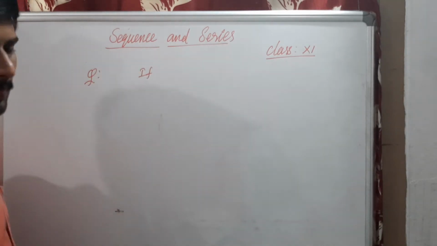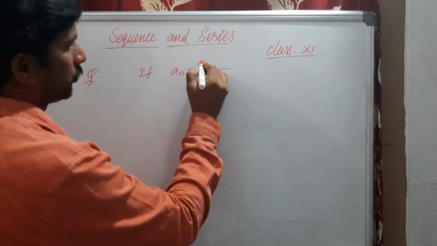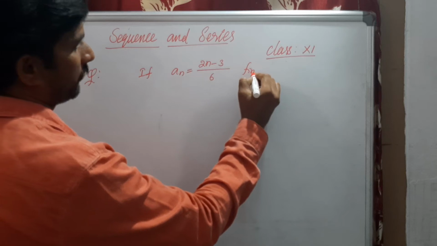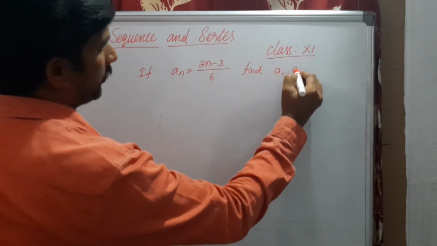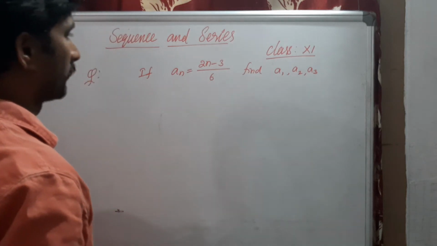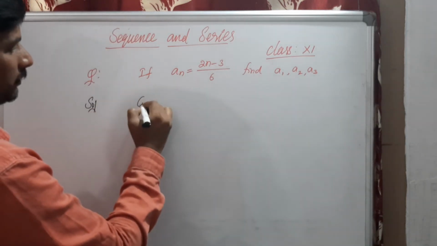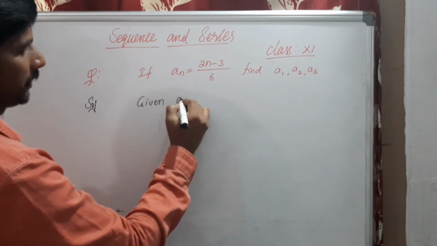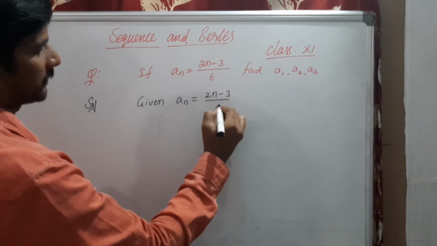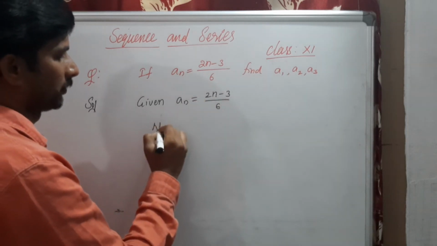If an is equal to (2n minus 3) by 6, find a1, a2 and a3. Given an is equal to (2n minus 3) by 6. Now find a1.